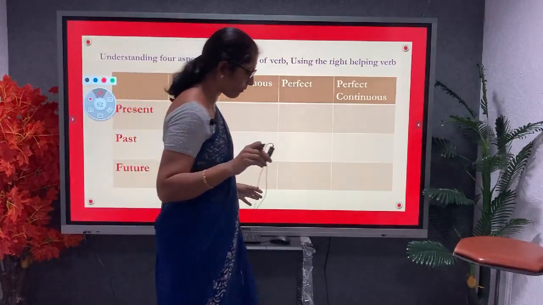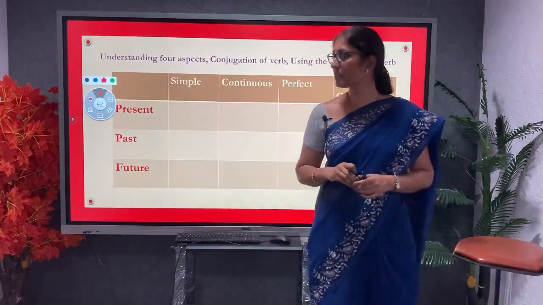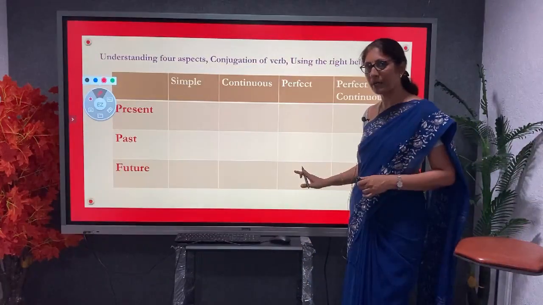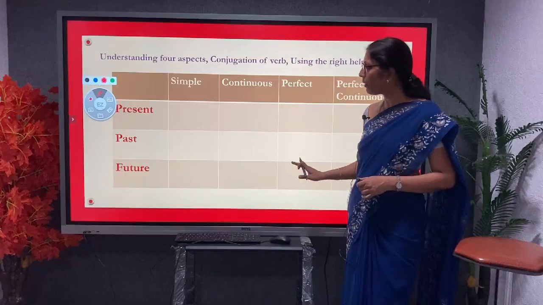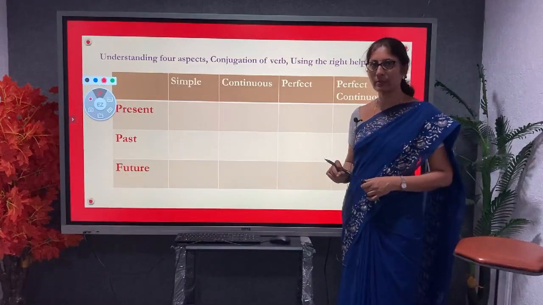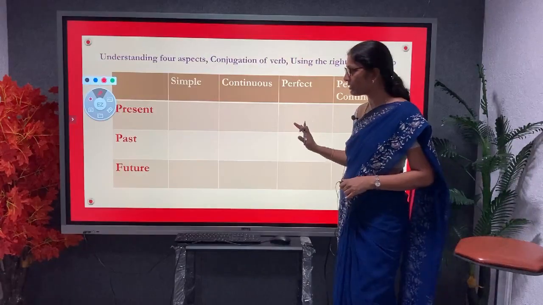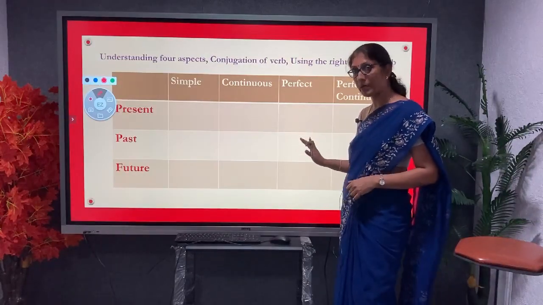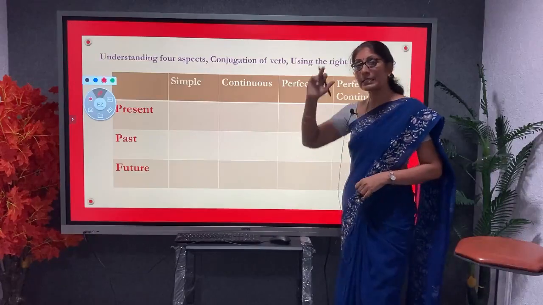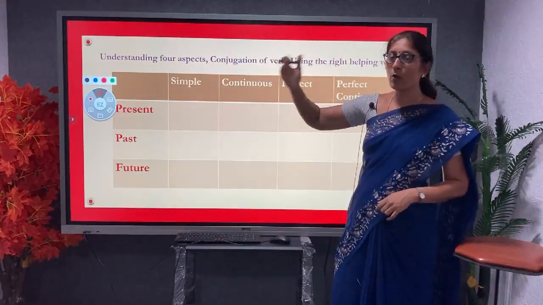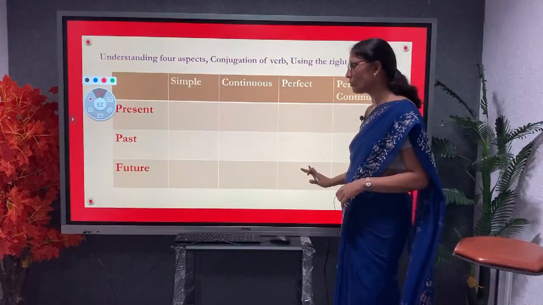And coming to perfect tense, perfect means, so this is also used for completed actions. Okay, but there is a change. Okay, so present perfect, completed actions; past perfect, completed action; future perfect, at a certain point of time what action you will be going to complete, that is future perfect.